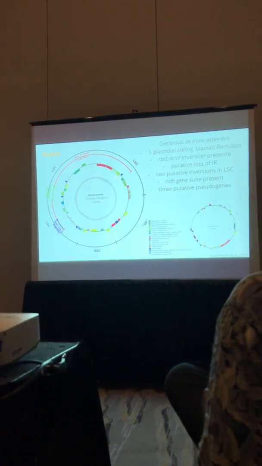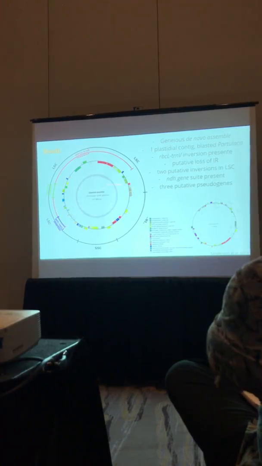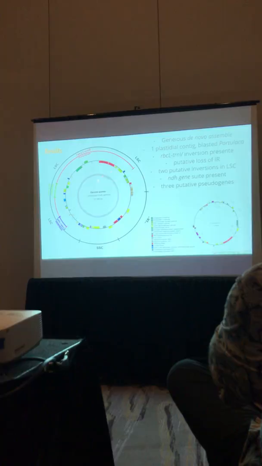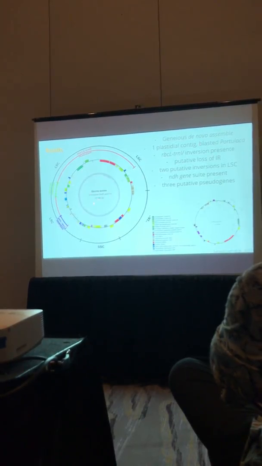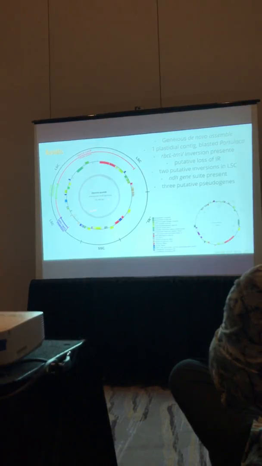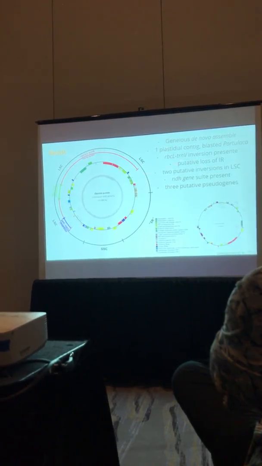First, we pursued a different approach to assemble the chloroplast from Opuntia. Our de novo assembly resulted in one big plastid contig of 128,000 base pairs, which we confirmed as plastid and annotated with this and also with DOGMA.